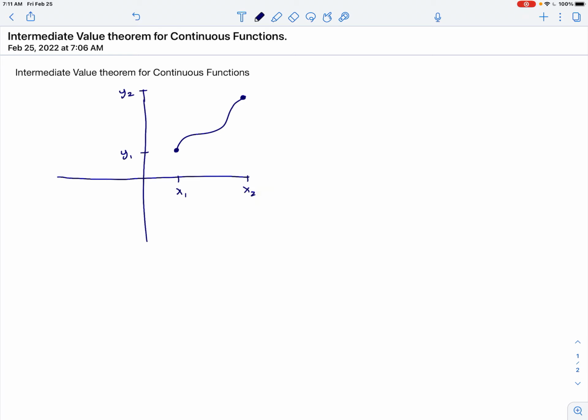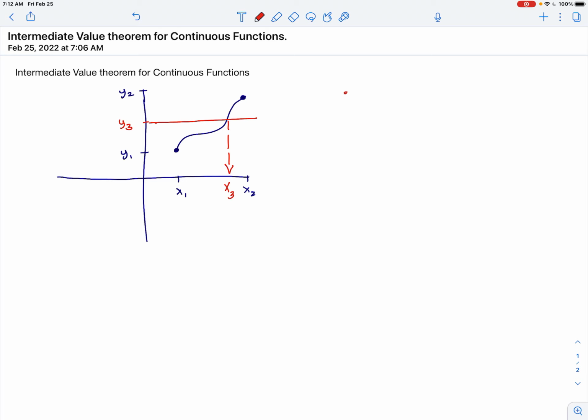It says if the function is continuous and we pick some y value that's between our y1 and y2, so let's pick like a y3 in here, and then you can see we could just make a line to represent it. And then what it says is if the function's continuous and it went from y1 to y2 and y3 is in between y1 and y2, then there will be at least one x value, let's call it x3, that will be between x1 and x2.